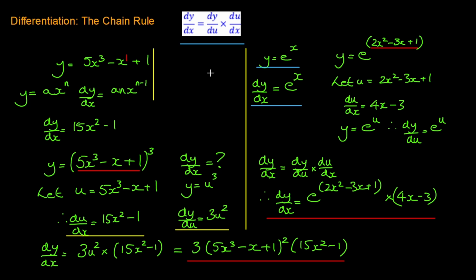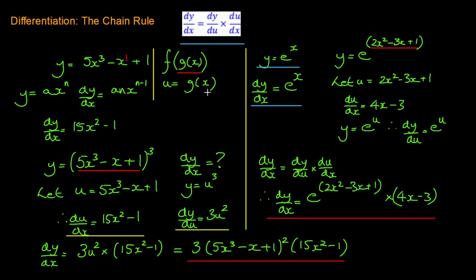So in the tiny space I've got left, let me write what we've done in terms of function notation. So I'm just rewriting the chain rule in terms of f and g. So a composite function can be written down in fg notation as this. It's f of g of x. And g of x here is our inner function. u is equal to g of x.